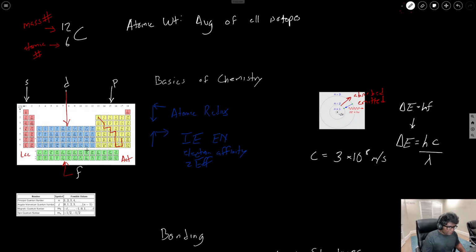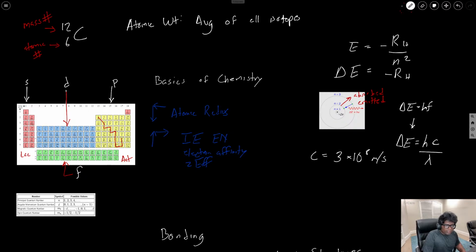So yeah, that's pretty much all I can talk about with Bohr's model here. I think knowing the difference between energies from n equals 1 to n equals 2, you'll have an equation set up like E equals negative R_H over n squared, and you'll have to find the change in energy. You just plug it in.